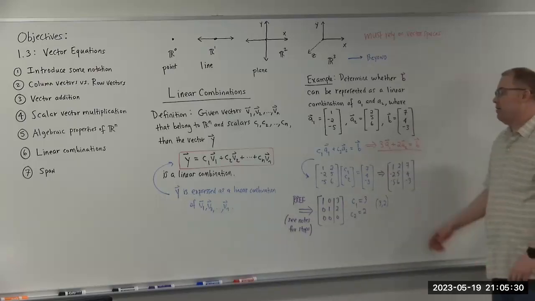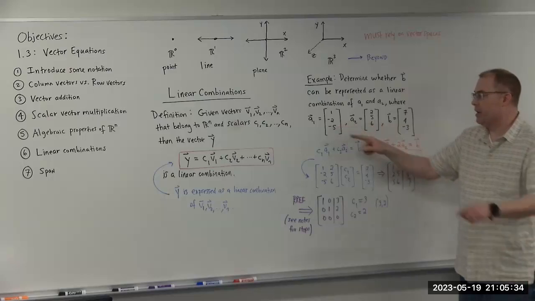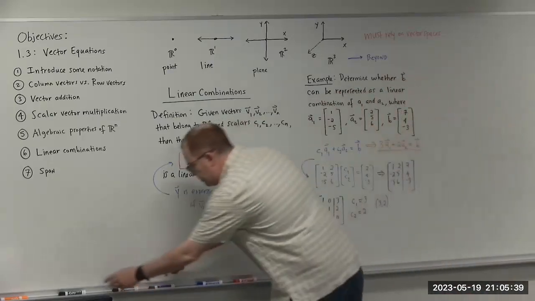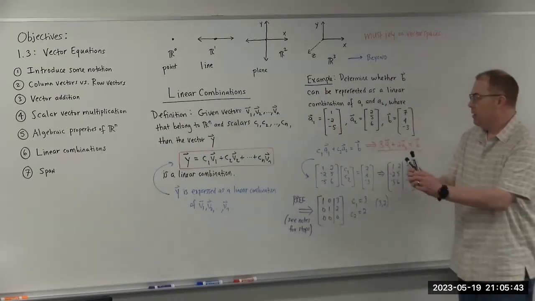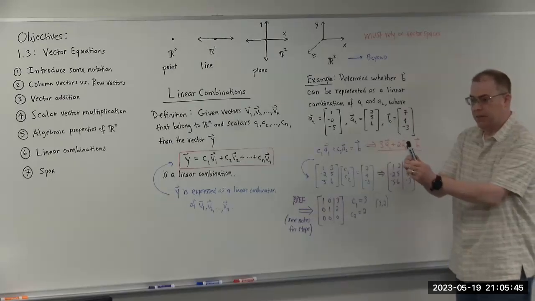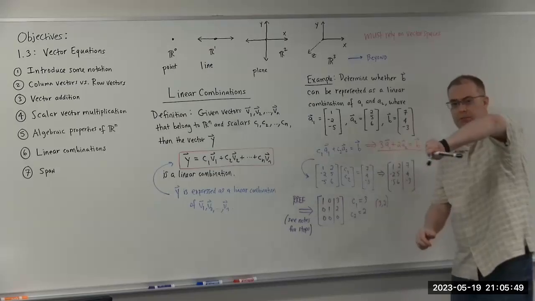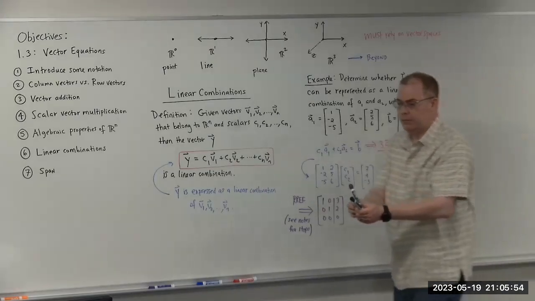I claim that if you have one vector from the origin and another vector from the origin, let's say A1 here and A2 there, no matter how you orient it, it's always going to form a plane.